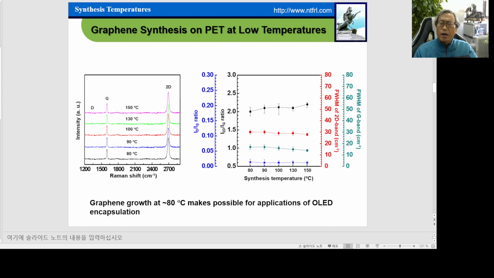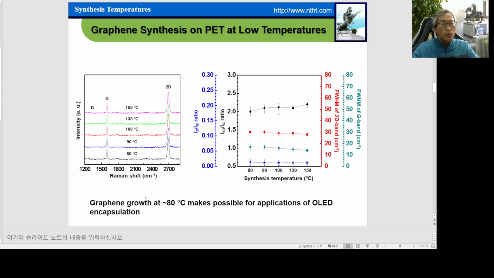And then I want to know how far the growth temperature can decrease, from 150 degrees C to 80 degrees C. As you can see, at all temperatures there is no defect, all of the graphene presented monolayer graphene, and the quality is good. So we can grow at 80 degrees C. This makes possible the application of OLED encapsulation using monolayer graphene.